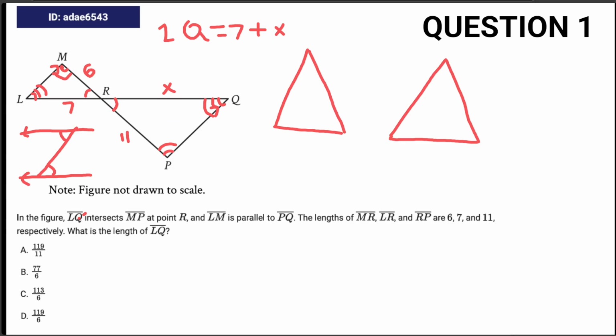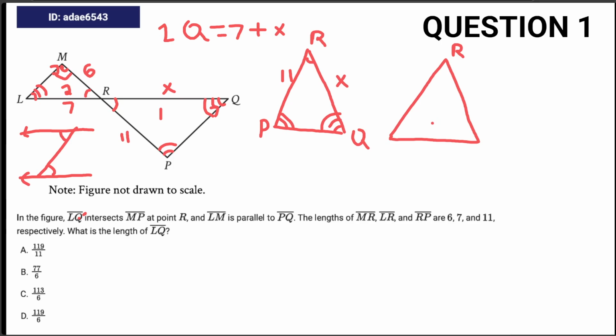So I'm just going to take these two triangles, the two similar ones here, and put them in these two. So for the first one, I'll call this R, I'll call this Q, and I'll call this P, I'll call this R. So for R we have 1 mark, for Q we have 3 marks, and for P we have 2 marks, and we know that this is X, and we know that this is 11.